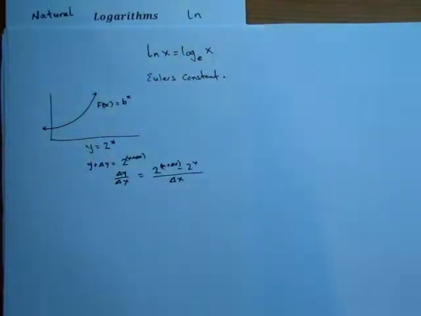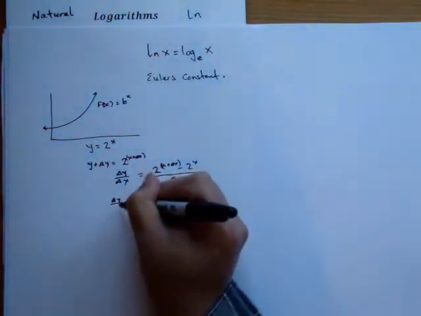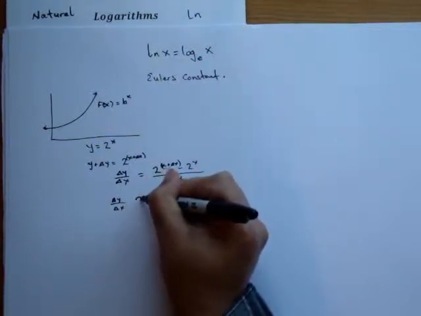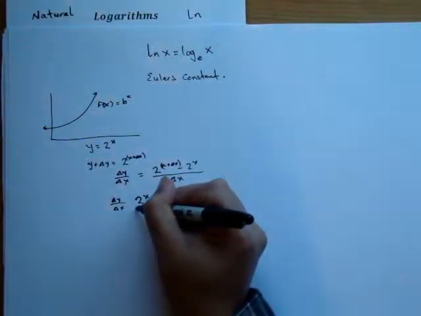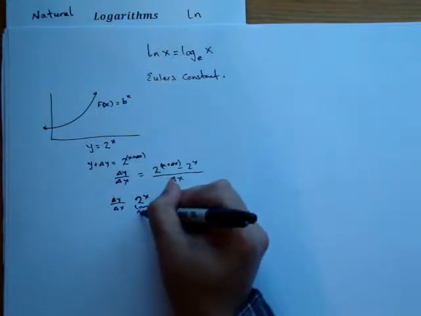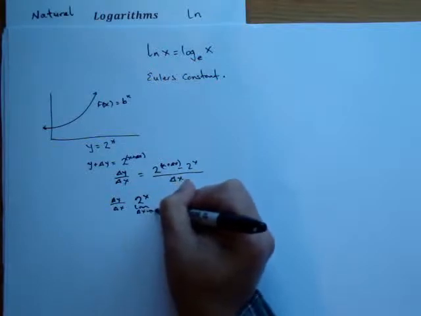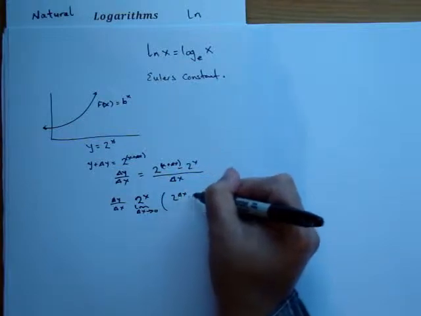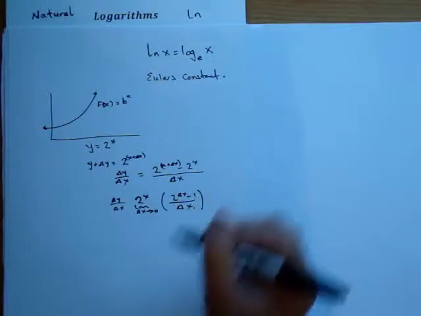As delta x goes to 0, delta y over delta x becomes 2 to the x times the limit as delta x tends to 0 of 2 to the delta x minus 1 over delta x.